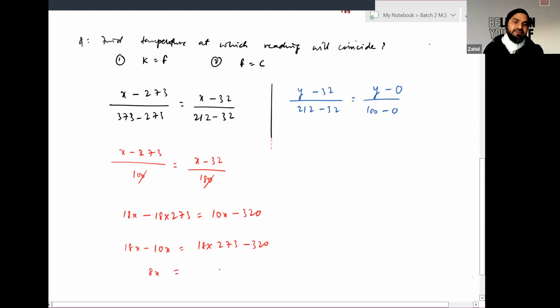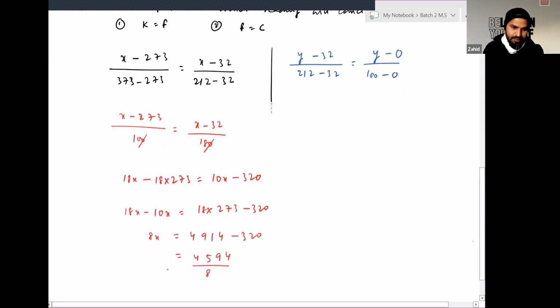18 into 3, 54. 18 into 7, 126 plus 5, 131. 18 into 2, 36 plus 13, it will be 49 minus 320. So on subtracting, you will get 4 minus 0, 4; 11 minus 2, 9; 8 minus 3, 5; 4.